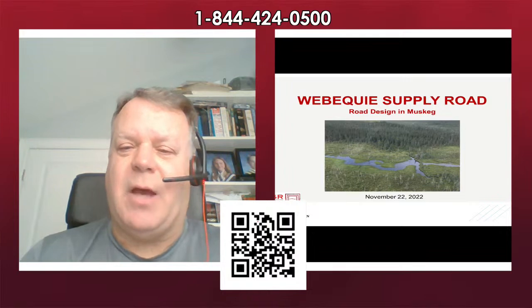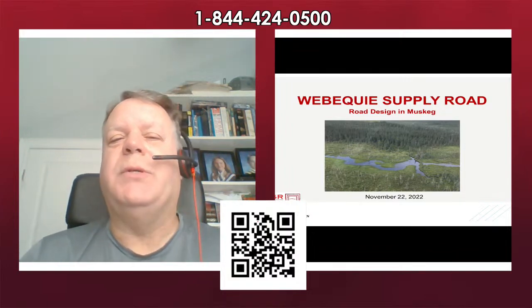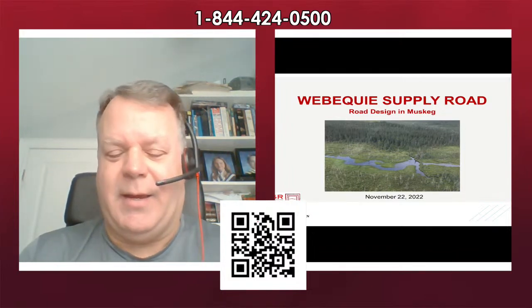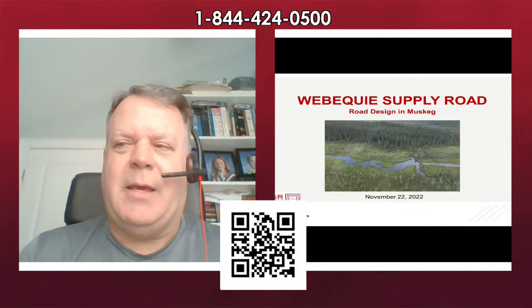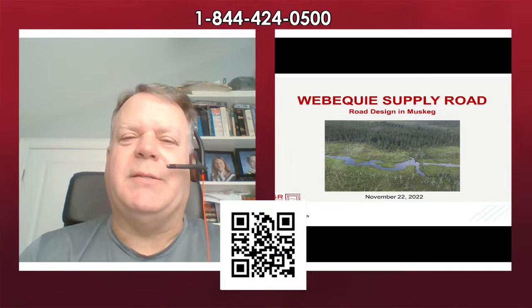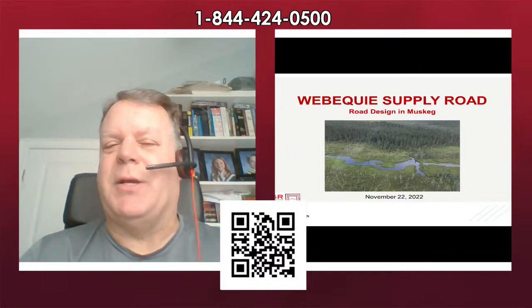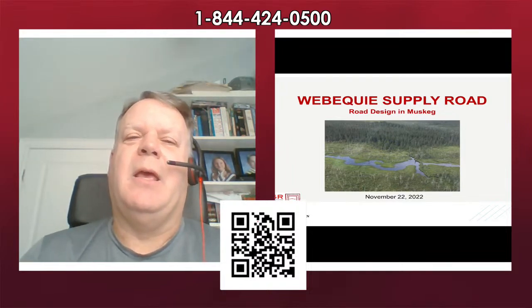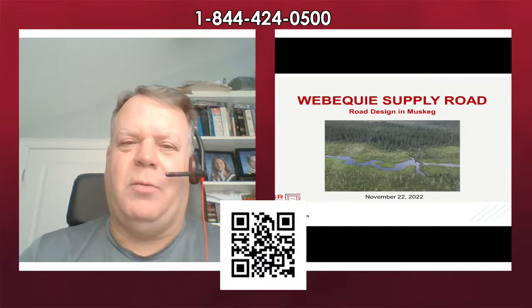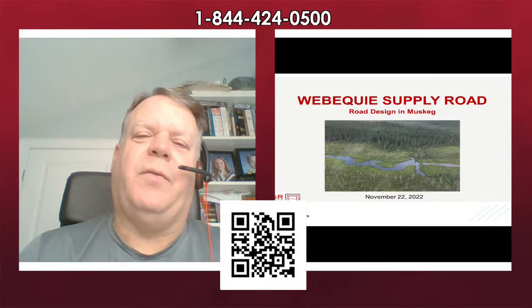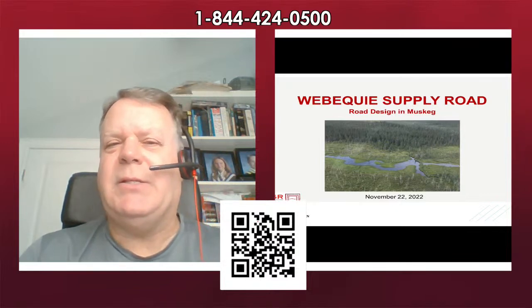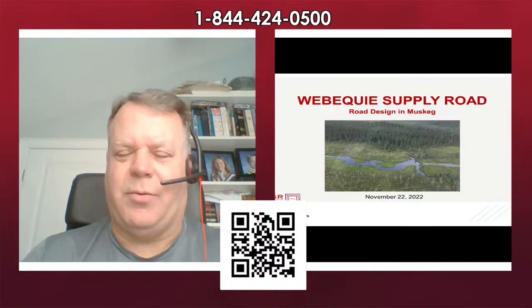And today's topic is road design through muskeg. The Webequie Supply Road follows an interesting route. Out of the actual settlement part of the community, it follows generally to the east and then turns south.